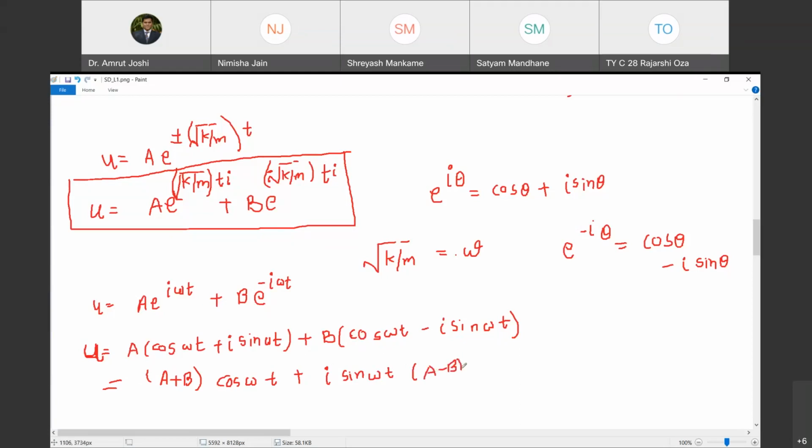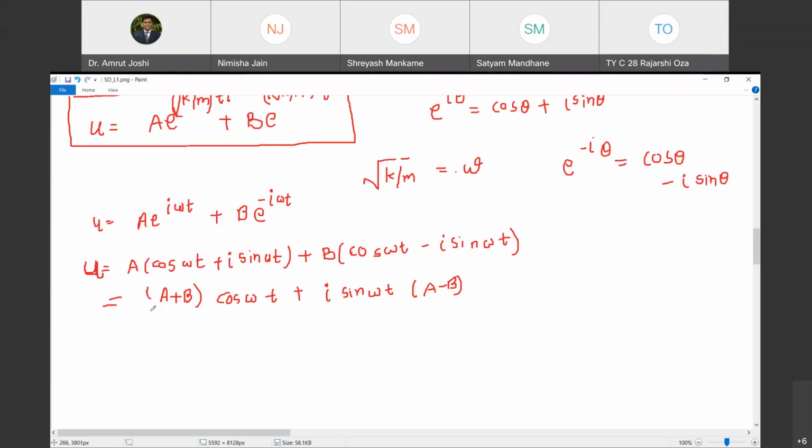Yes, sir. Now pay attention here. I am going to call a plus b one constant, and denote it as c. So it is going to be c cos omega t. Are you with me? Yes, sir.